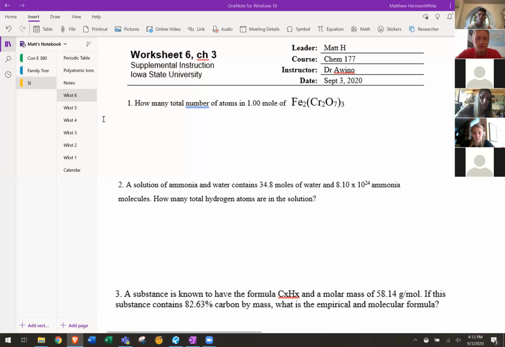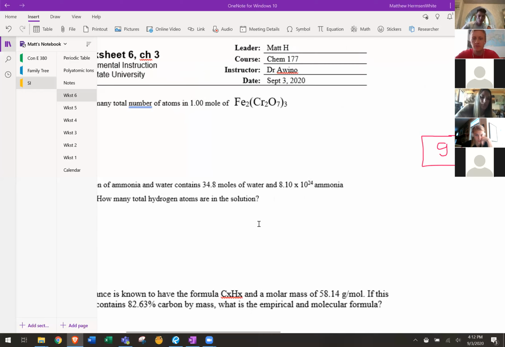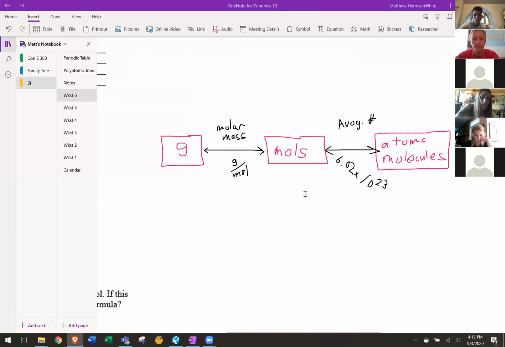All right, I'll let you start working on these, but first I want to review what we've been talking about the past couple of days, which is moles. There are 3 different states, which I boxed here in pink. You can have grams, moles, or atoms and molecules. To go between these, we use 2 things. If you're going from grams to moles, you use molar mass, which is grams per mole, and you get this from the periodic table.